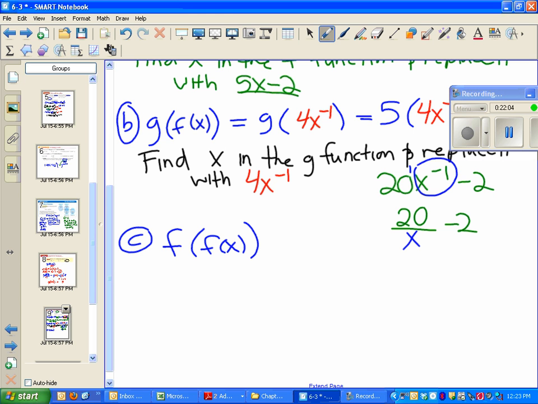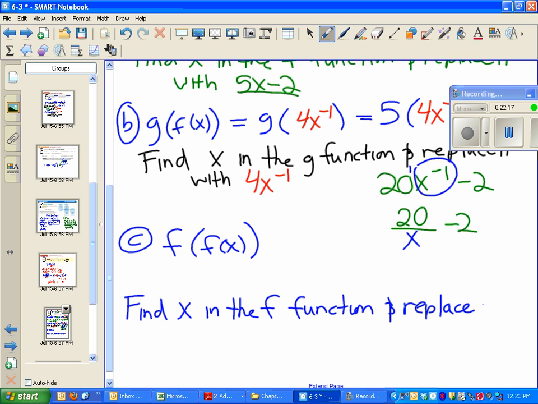So in words, we're going to find x in the f function and replace it with, well, what's our f of x function? So this is equal to f of, and then our function is 4x to the negative 1. So we're going to replace it with 4x to the negative 1.